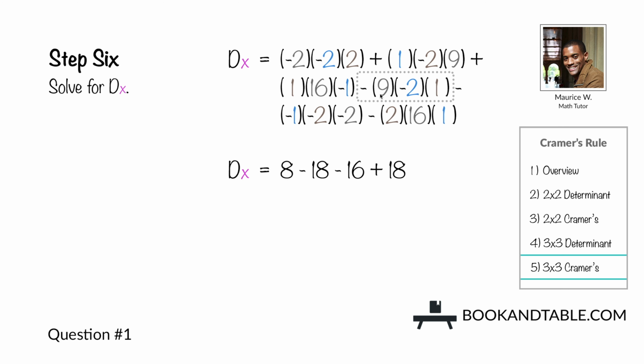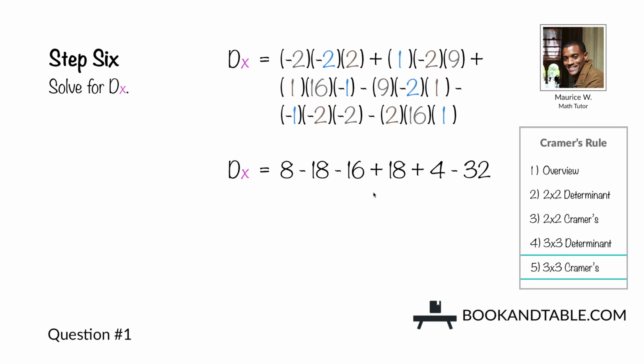Negative 1 times 9 is negative 9, times negative 2 is positive 18, plus 1 is positive 18. Negative 1 times negative 1 is positive 1, times negative 2 is negative 2. Negative 2 times negative 2 is positive 4. And negative 1 times 2 is negative 2, times 16 is negative 32, times 1 is negative 32.